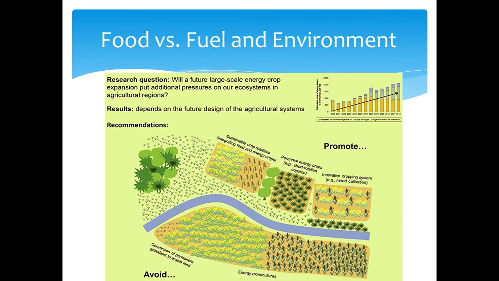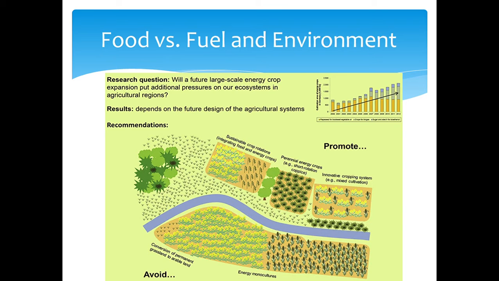Next, we have food versus fuel and their environmental impact. This discussion has the basis that growing excessive fuel crops may hinder the food security of humanity and may produce undesirable effects in the soil, but such arguments can be countered by the fact that if energy monocultures are prevented, such consequences can be stopped from happening.